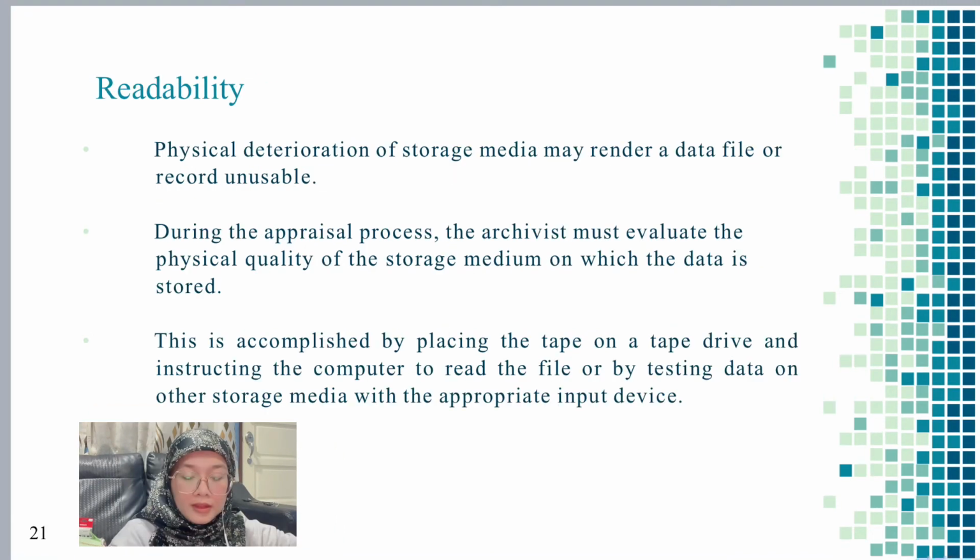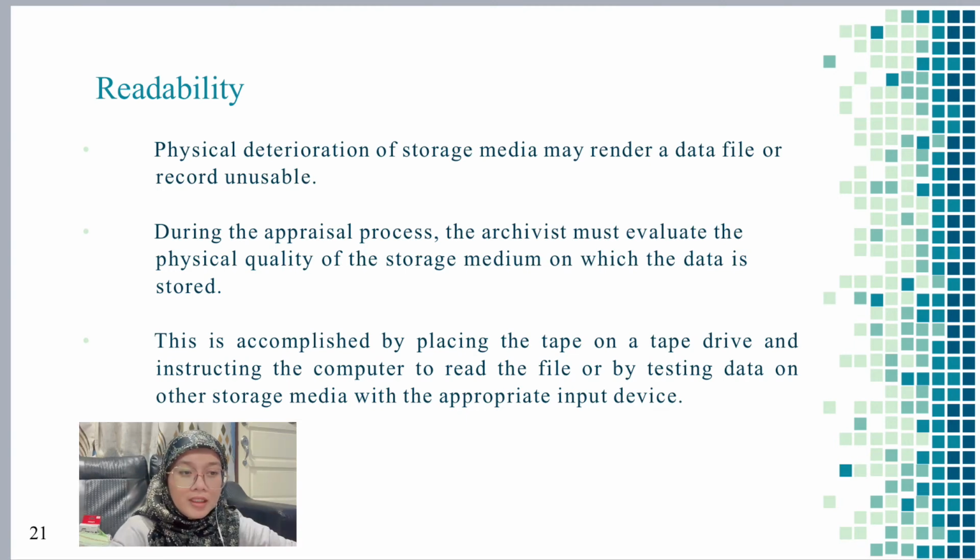Okay, the next criteria is readability. Physical deterioration of storage media may render a data file or record unusable. It means the deterioration of physical storage media can cause some data file or record to be unusable anymore. For the second point, when it comes to the appraisal process, the archivist must evaluate the physical quality of the storage medium on which the data is stored.